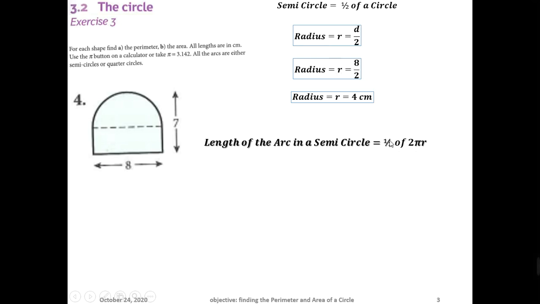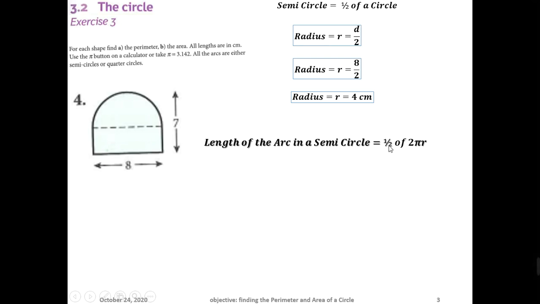And remember, where did the half come from? Just as we explained in the quadrant previously, the angle here that is opposite to the arc is 180. So 180 over 360, if you simplify it, comes down to 1 over 2.